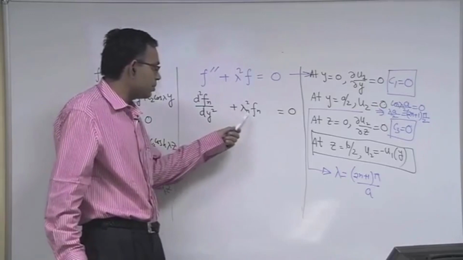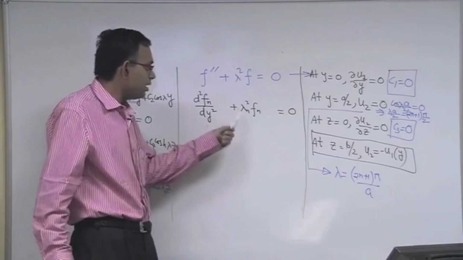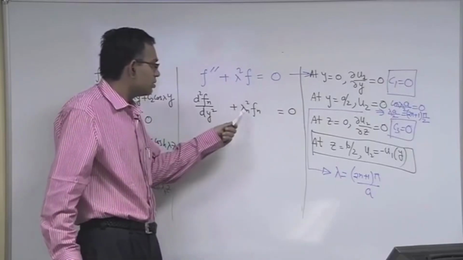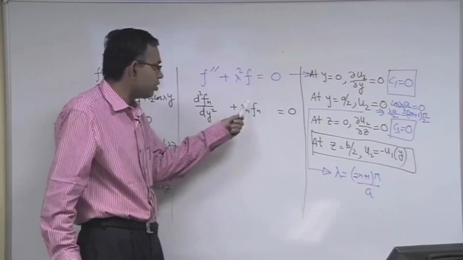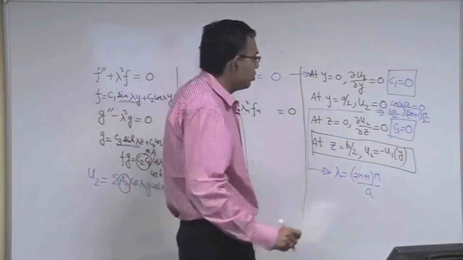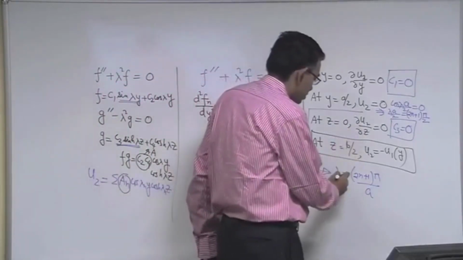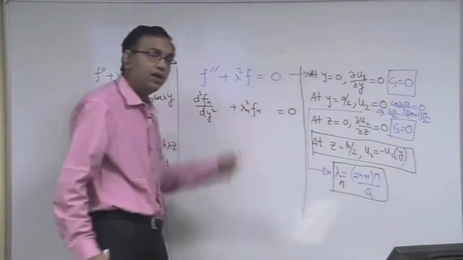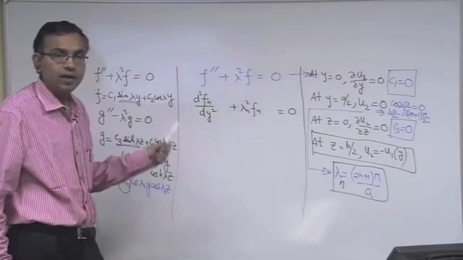For all possible lambda n, I mean here you cannot substitute all possible values of lambda n, but the lambda n's which satisfy this condition, lambda n is equal to 2n plus 1 into pi by a, only that value of lambda n, not all possible values.